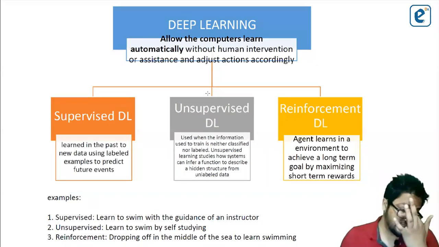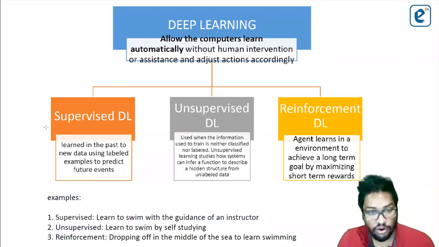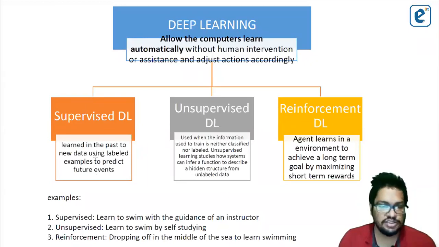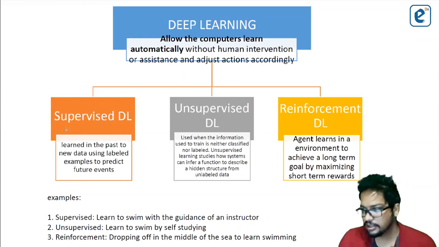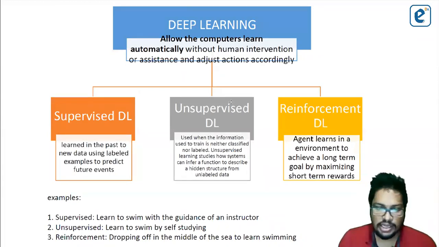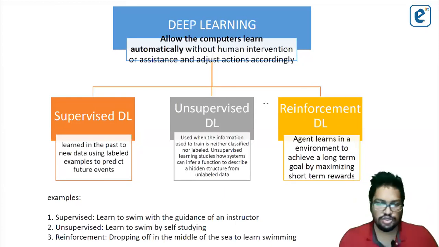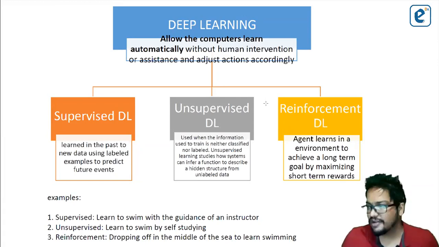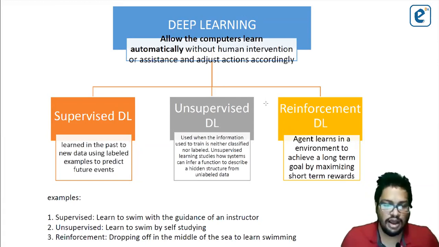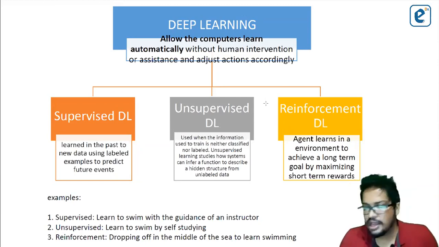In the first 6 weeks of the course, we will be focusing on supervised deep learning, right? Then eventually we move to unsupervised and reinforcement deep learning, right? So supervised, unsupervised, and reinforcement, I will give you a quick example of the differences between these three categories.